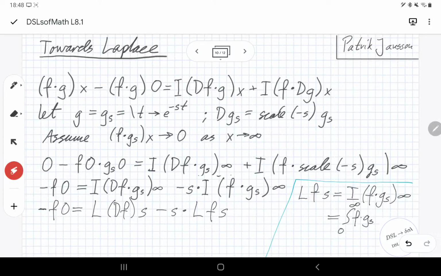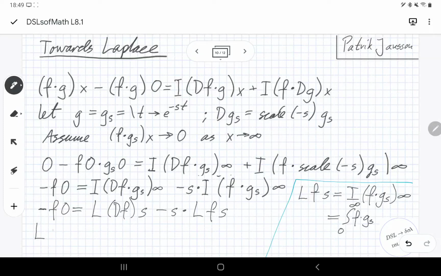So I've reused this pattern L f s twice, once with just f as it was defined and once with the derivative of f. And the last step one usually does is to put this on the left-hand side instead of the right-hand side. So let's extract this expression.